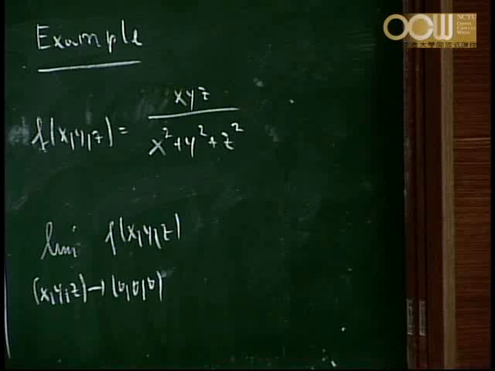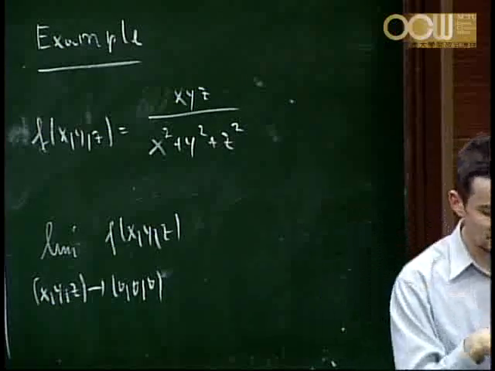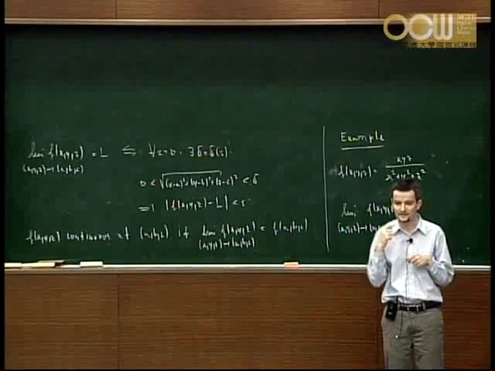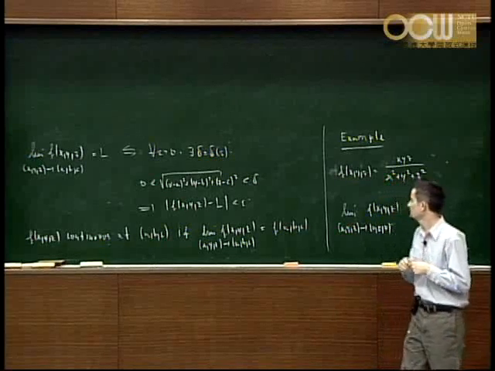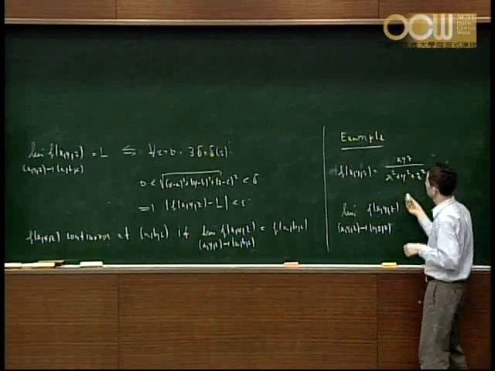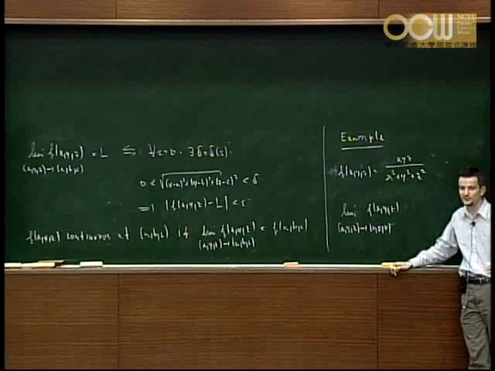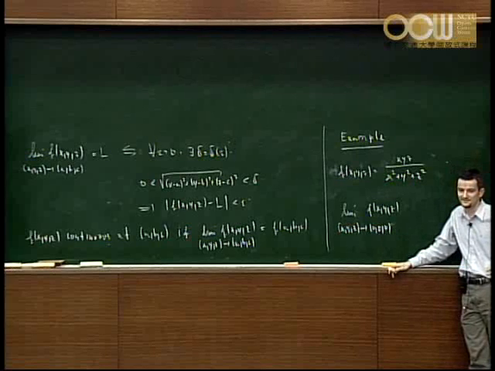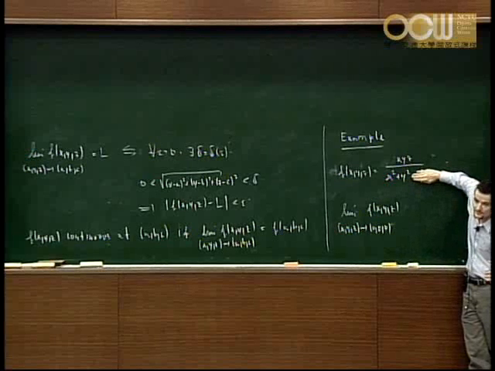Now, in some cases, you are able to find different directions of approach where the limit is different. Then this will prove that the limit does not exist. For this example, what would you guess? Does the limit exist or not? If I remove one coordinate, before we saw the limit does not exist.